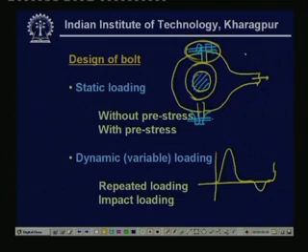So, there are various cases where the machine parts will have fluctuating forces. Normally machines are made to transform and transmit power from one source to the other, and definitely there will be some movement. Whenever there is movement, there will always be inertial forces and definitely some other fluctuating forces.